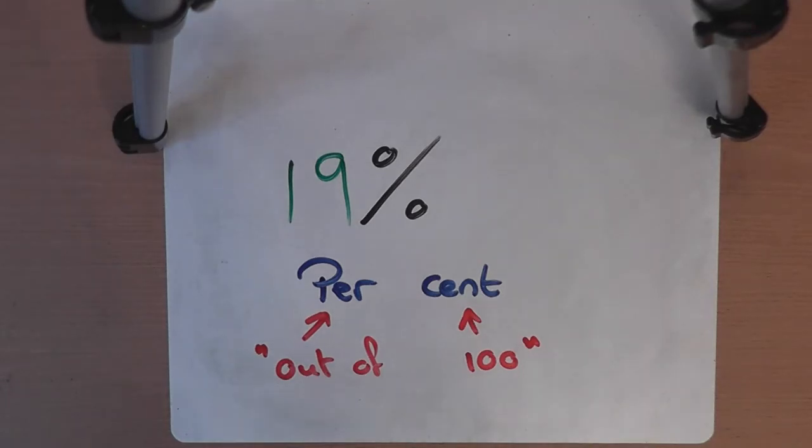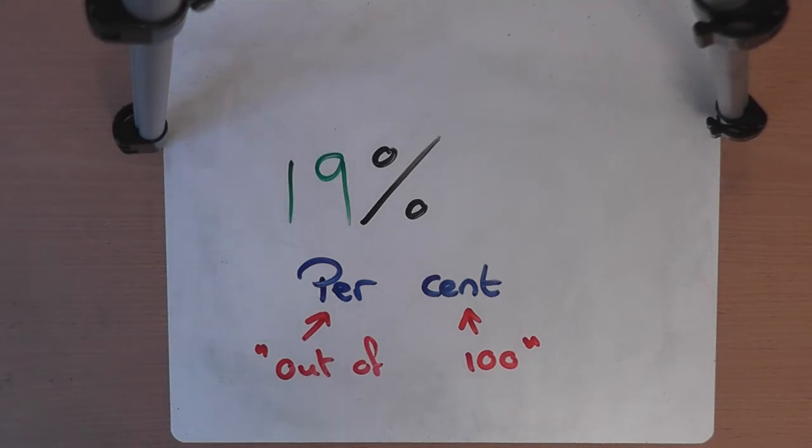If, for example, we said 19% of the cars in a car park are red, then that means if there were exactly 100 cars in the car park, 19 of them would be red. We're out of 100, so that means there would then be 81 cars in the car park that are not red. So 19% of the cars are red, and 81% of the cars are not red.